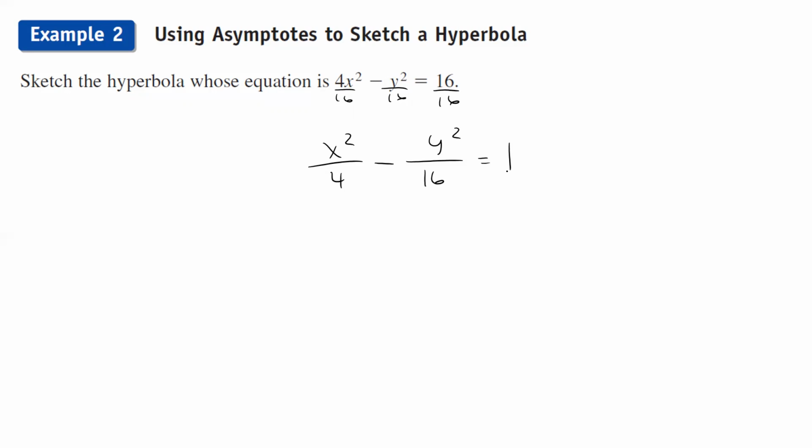Okay, so off to the side here, tell me if you agree with me. H and K. I know that H and K is equal to 0, 0, right? We're at the origin at this point. So boom, I'm going to start my graph here. My center is going to be here, even though, again, that's not part of my graph, right? That's just kind of getting things set up here. Horizontal or vertical hyperbola?